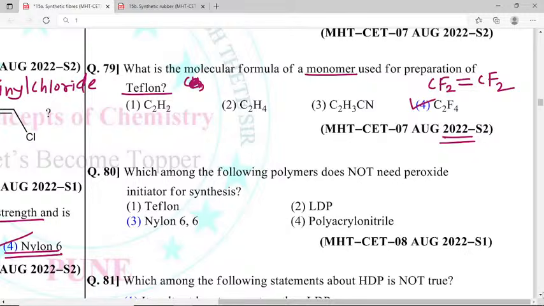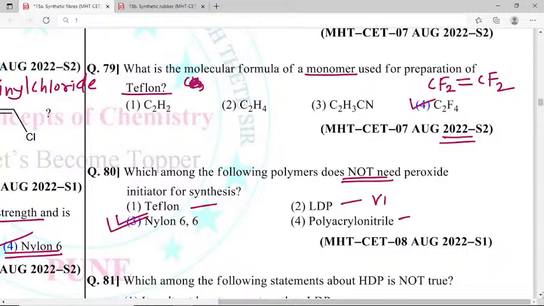Which among the following polymers does not need a peroxide initiator for synthesis? So not a peroxide initiator means it is not a vinyl polymer, it does not contain a double bond. Nylon 6,6 is a condensation polymer and does not need peroxide. All the others need peroxides because they are vinyl polymers: LDP, Teflon, polyacrylonitrile.